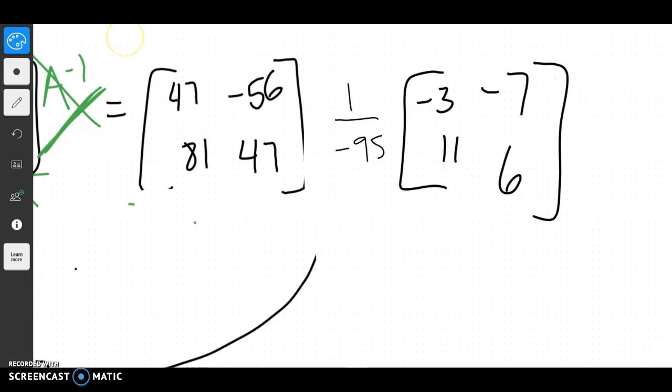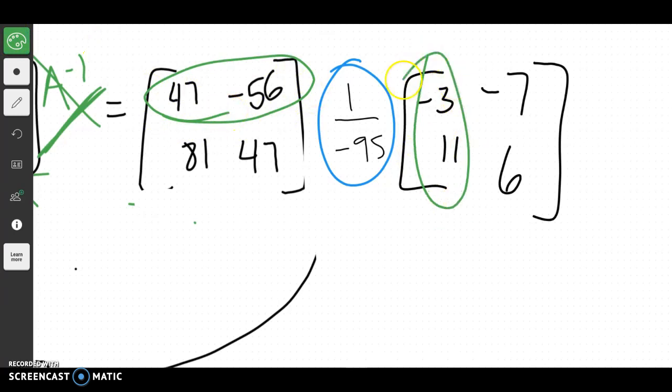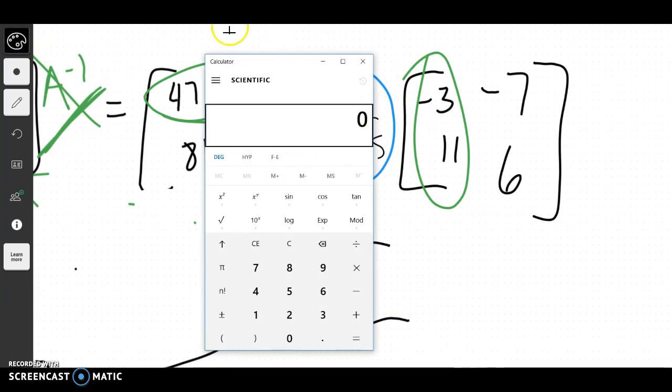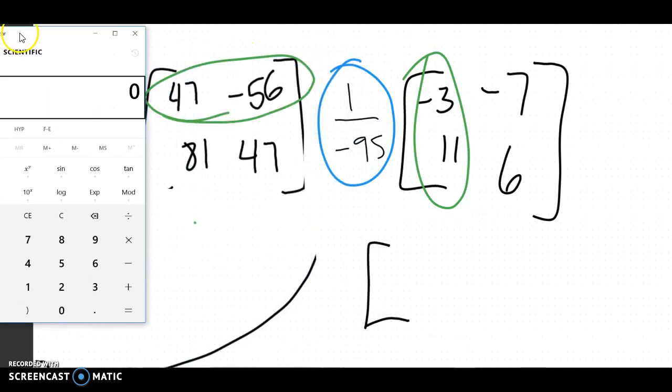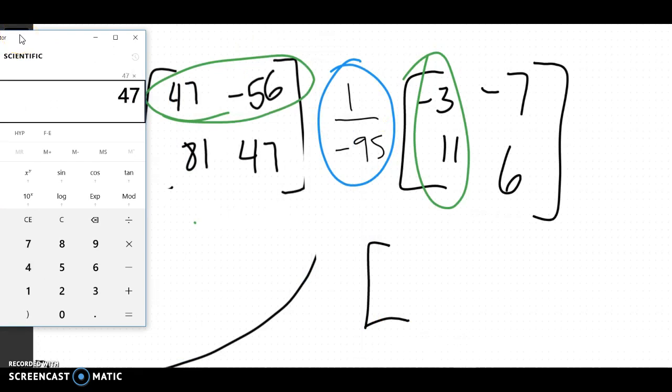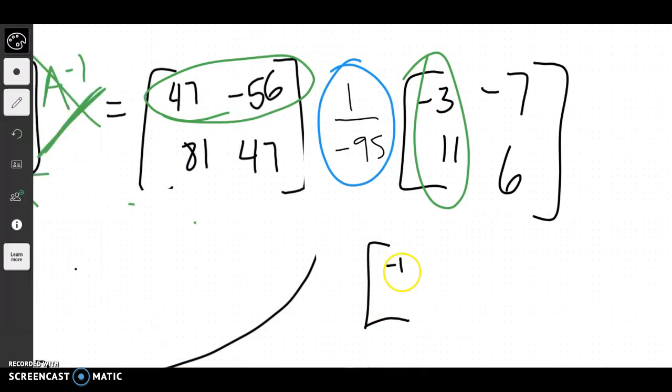Now we have to multiply this. You can leave the scaling for the end. So after I multiply everything, I will divide it by negative 95. But before that, let's do this multiplication. So you always go row by column, which would be 47 times negative 3, so negative 141.